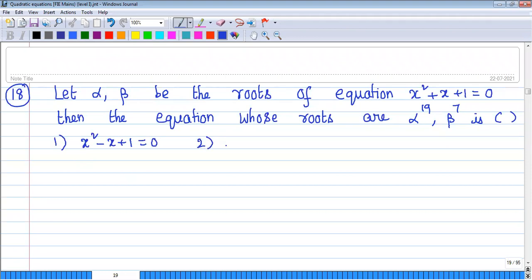Second option, x square minus x minus 1 equals to 0. Third option, x square plus x minus 1 equals to 0. Fourth option, x square plus x plus 1 equals to 0.